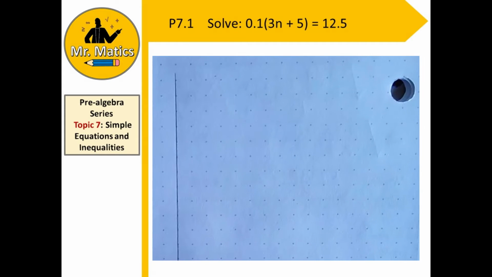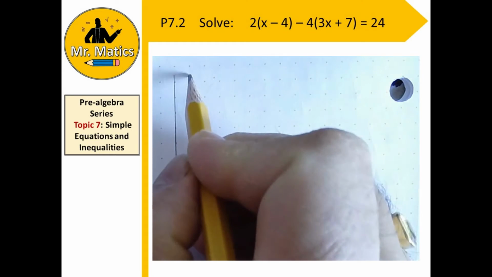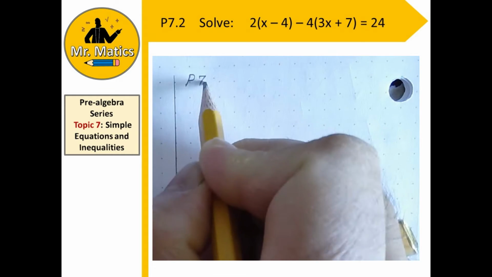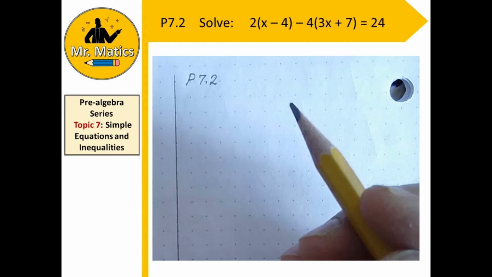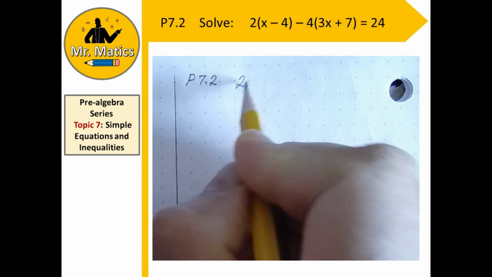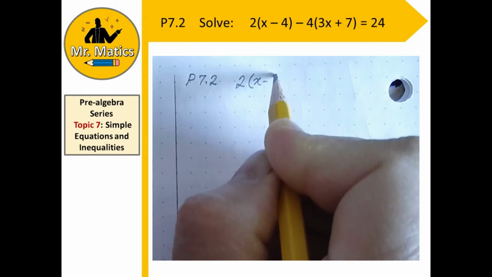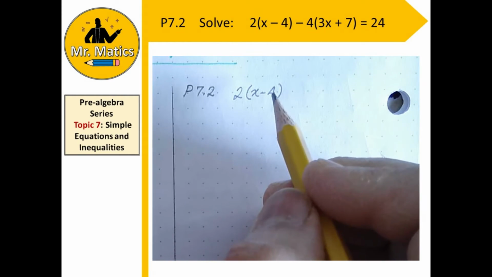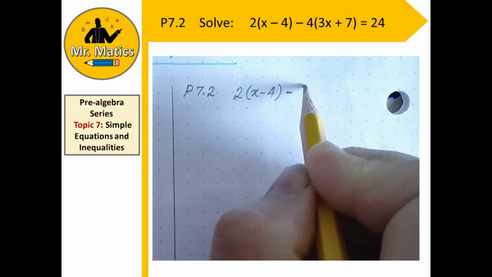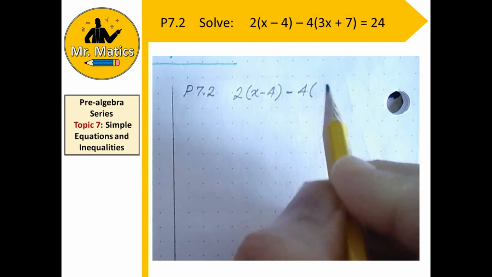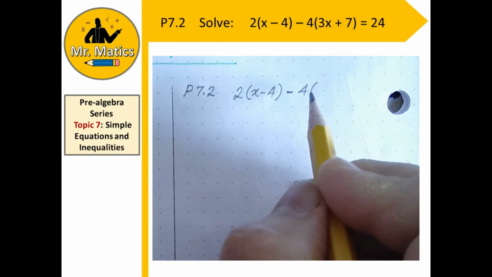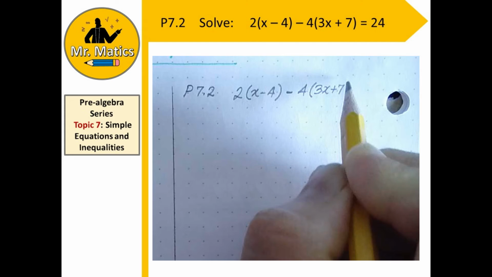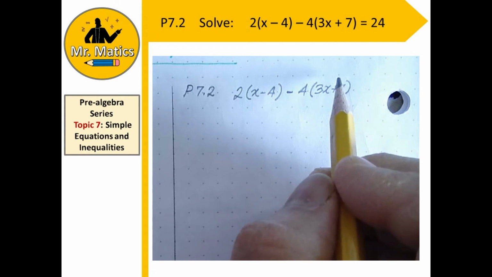In the next equation, two times x minus 4, minus 4 times 3x plus 7, equals 24.